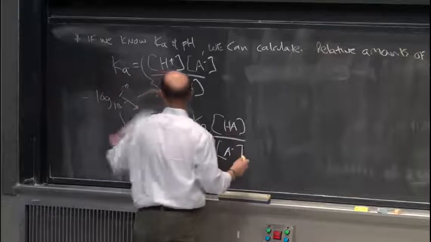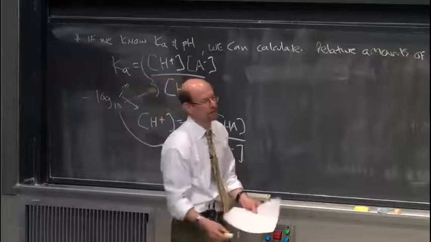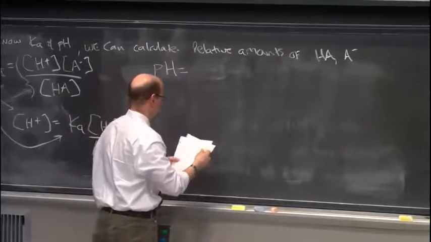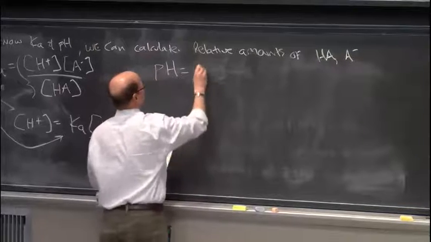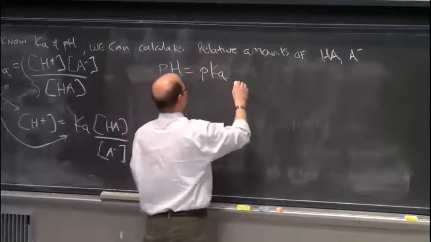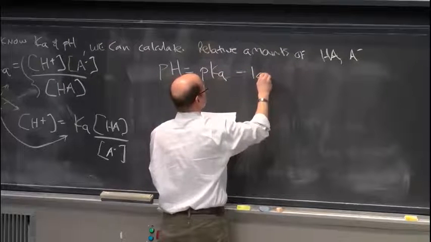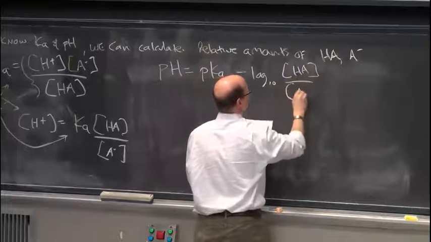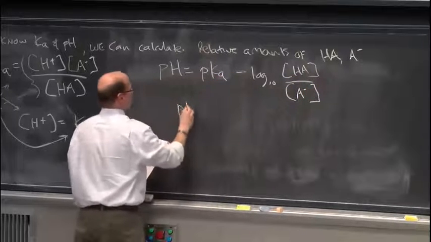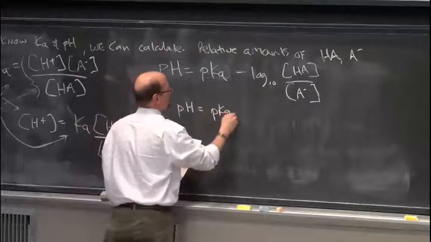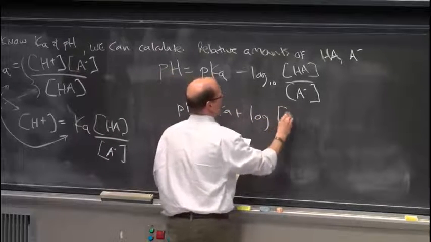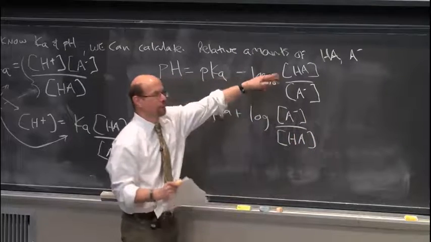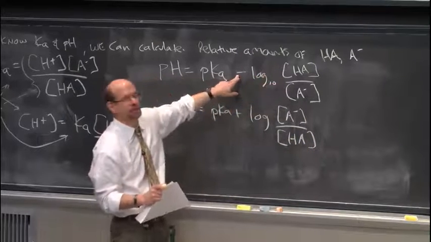That will give me minus log 10 of proton concentration, which is the pH. And that is therefore equal to minus the log 10 of the Ka, which you told me was the pKa, right? And then it's going to be minus the log to the base 10 of HA over A minus. And I'm going to rewrite this like this: the pH is equal to the pKa plus the logarithm of A minus over HA. All I've done is to remind you that if I flip the numerator and denominator, that's the same as changing the sign of the log.